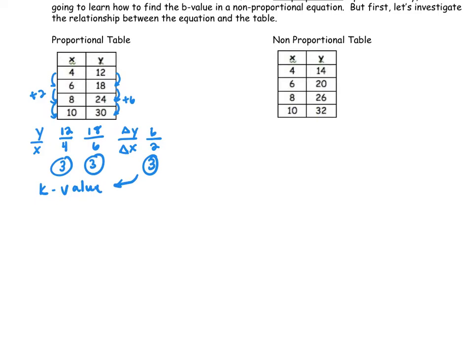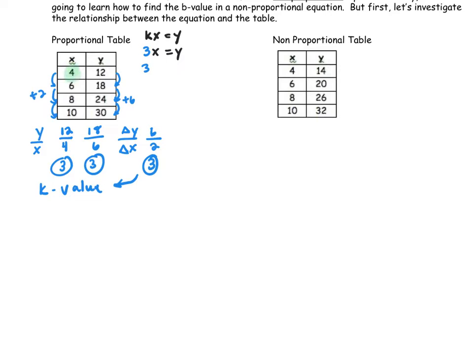So our equation, the main equation that we're looking at for a proportional equation, is kx equals y. And we've now established that our k value is 3. So this is what we know. And here's the awesome thing that happens with this equation and the relationship to the table: I can now use that k value and all of my x values, and I should get back the matching y value.